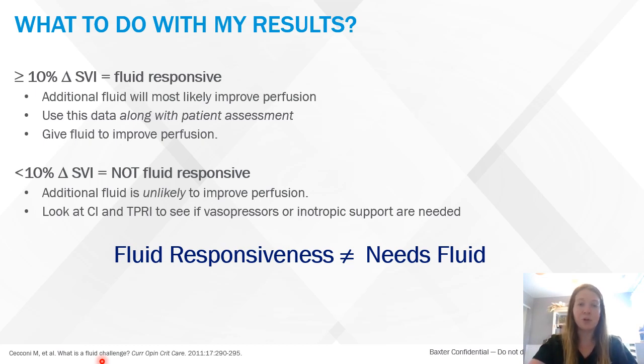So at that point, when you have someone who is not volume responsive, you want to look at cardiac index and TPR to see if vasopressors or inotropes will be effective with your patient. Maybe you can actually change the way that heart is functioning so the patient can tolerate IV fluids.